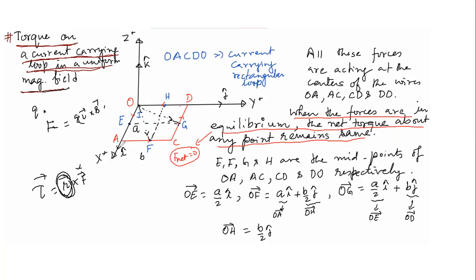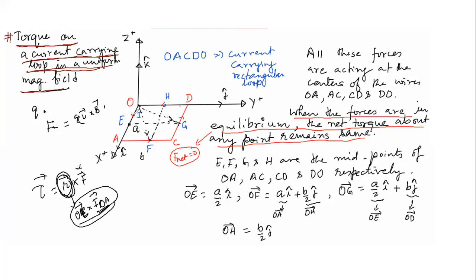When we calculate torque due to this force F OA, we will take the r vector not as OA, it will be OE, because the force on this arm is acting at point E. This is the point of application of force, and we want to calculate the torque about point O. So your r vector will be OE.